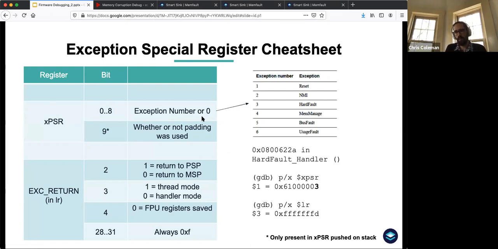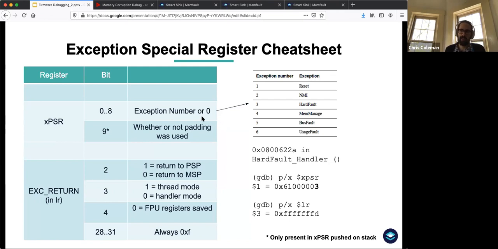And then in the exception return register, we get a few useful pieces of state as well. One is bit 2 will tell us whether or not we're returning to the process stack or the main stack. This is crucial for us to get those registers that were saved there. Bit 3 will tell us whether we're returning to thread mode or handler mode.